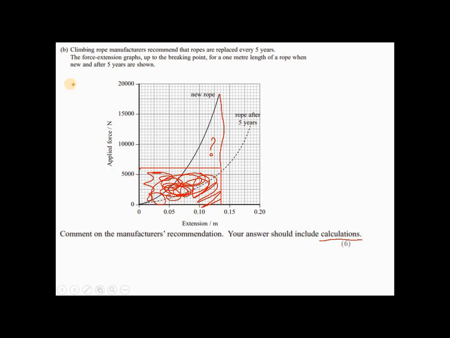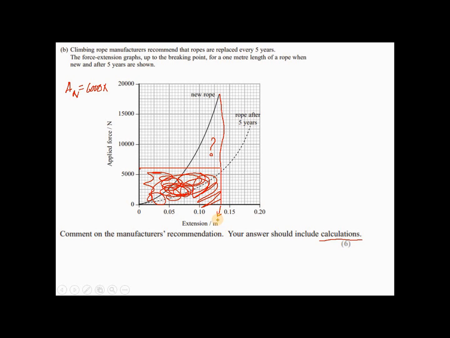So A1, or it's easy to say AN, the area under the new rope curve, is equal to 6,000 times the x-axis value, 0.135.